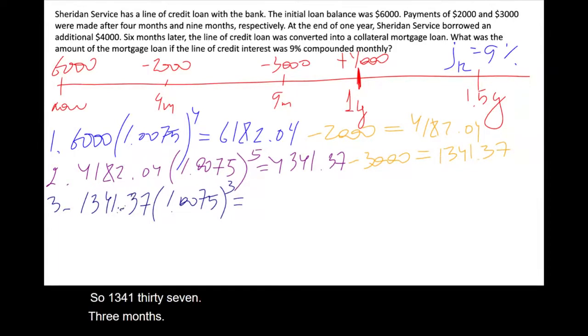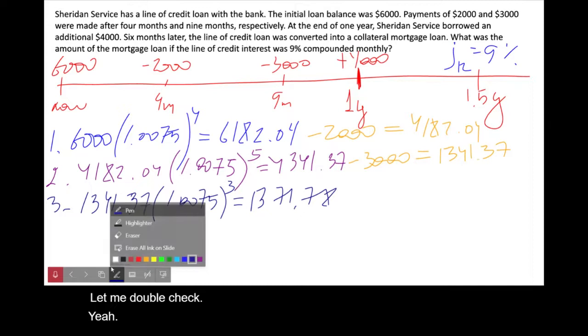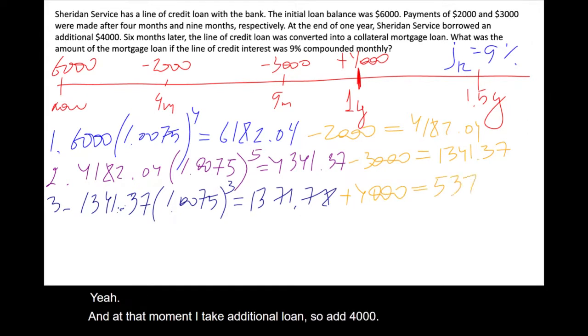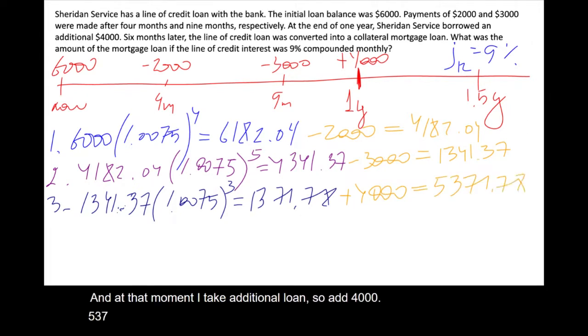So 13,718. Is it? Let me double check. Yeah. And at that moment, I take an additional loan. So add 4,000. That gives 5,3,7,1.78.